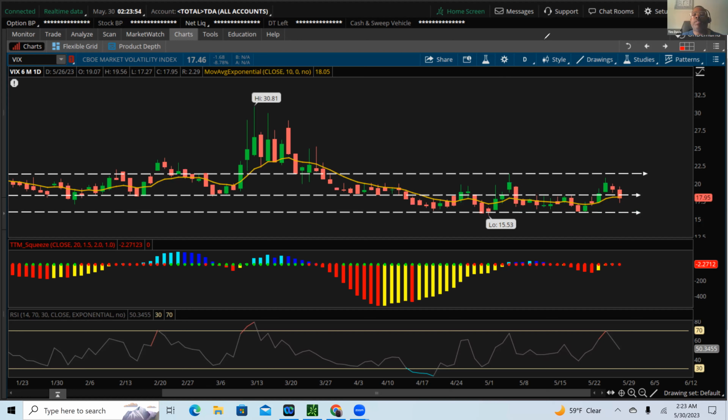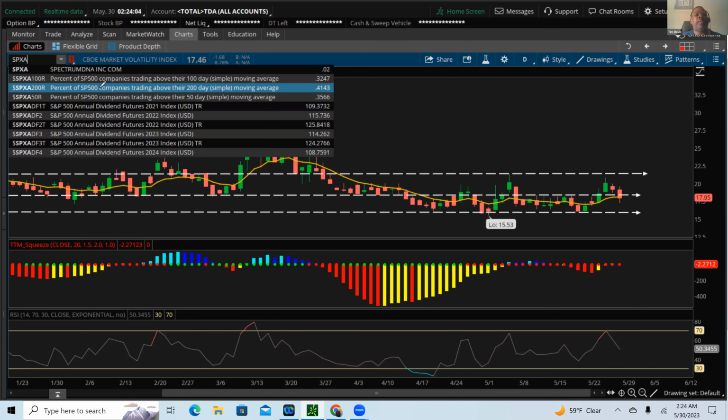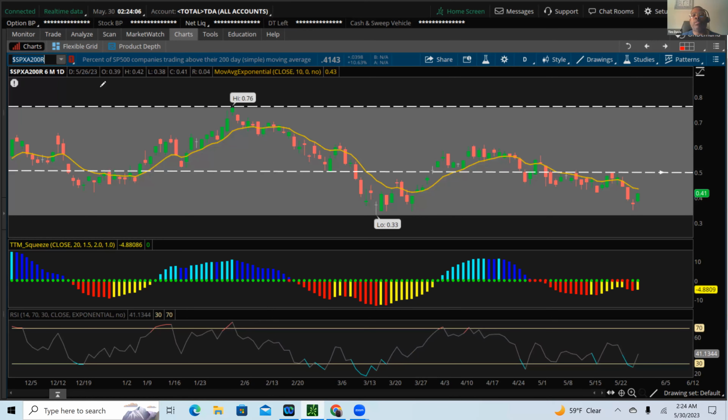Now, since we're looking at this VIX, let's take a look at the SPXA200R, which is a tool you guys know I like to use to track the overall market sentiment. This shows you the amount of stocks trading above the 200 moving average. And now, folks, it's been in an overall negative downturn.